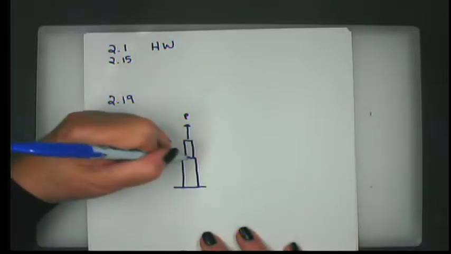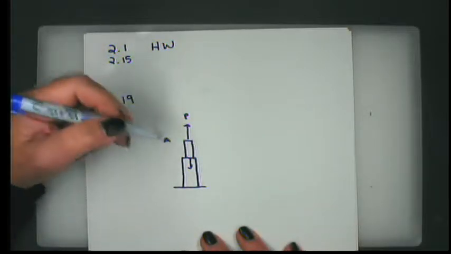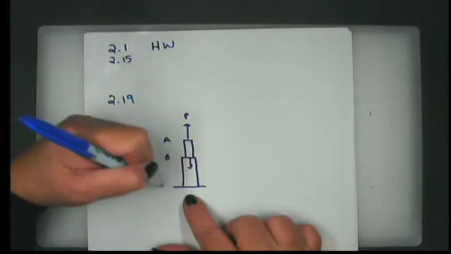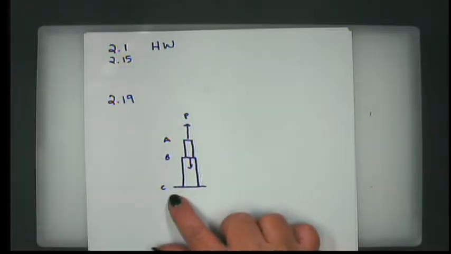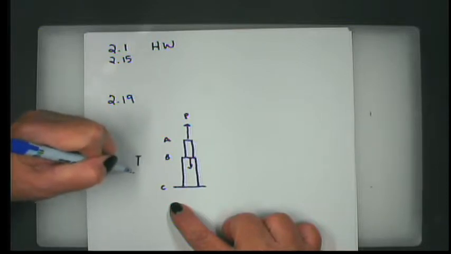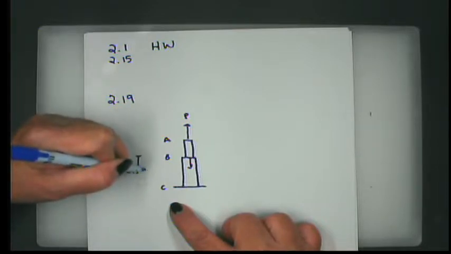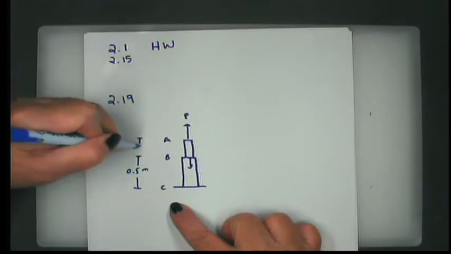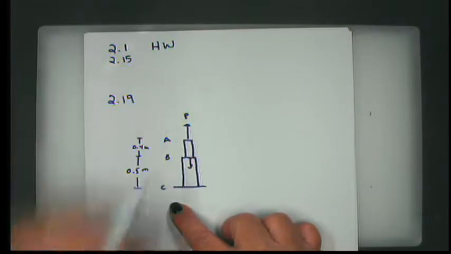But I'm just talking about a rod made out of more than one chunk. Okay? So here I have rod ABC, and it's fastened to the floor, but it is not fastened to the ceiling. This portion of the rod is 0.5 meters tall or long, and this portion is 0.4 meters tall or long.